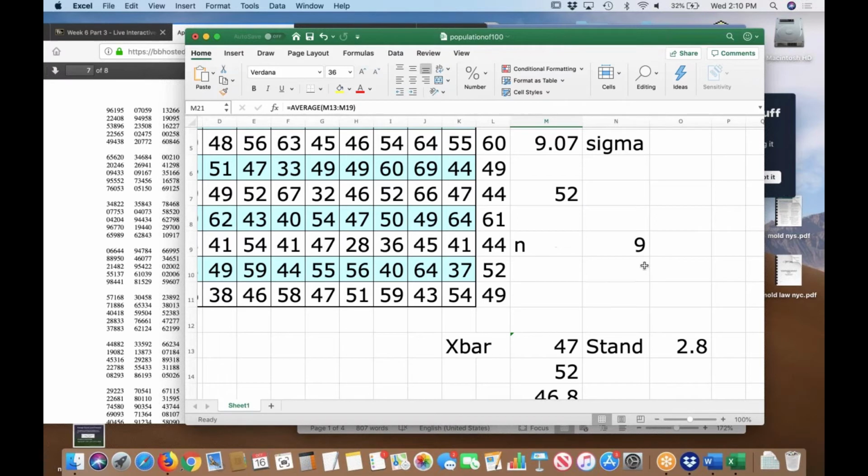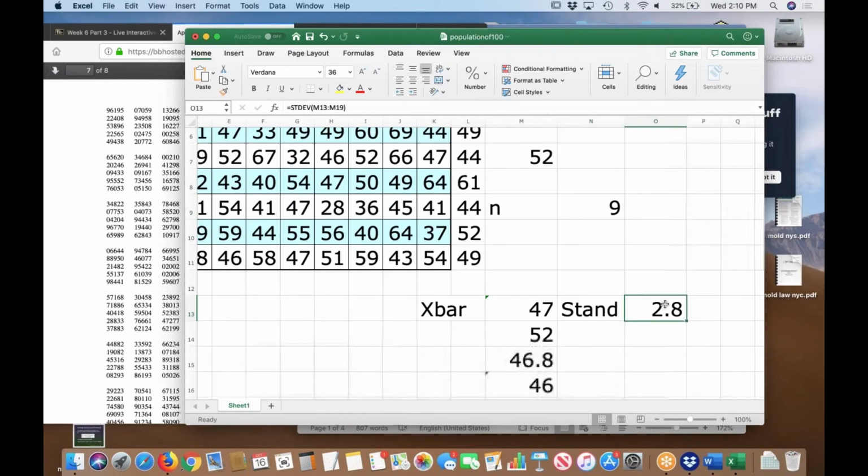And in fact, you'll notice that if we take the population standard deviation and divide it by the square root of the sample size, the square root of the sample size is 3. If I take that and divide it by 3, that's what I'm getting here for the standard deviation of the repeated samples of the same size. That's part of our central limit theorem.